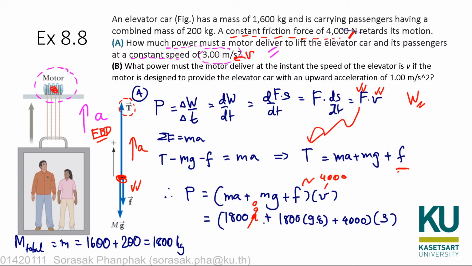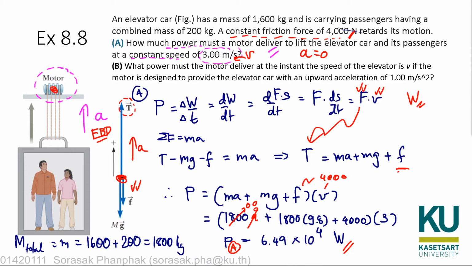After doing all the calculation, the first term is gone because there's no acceleration in this part. So you finally find the power for condition A equal to 6.49 times 10 to the 4 in watt unit. This is how you determine the power used in this system when there's no acceleration involved for lifting this elevator.